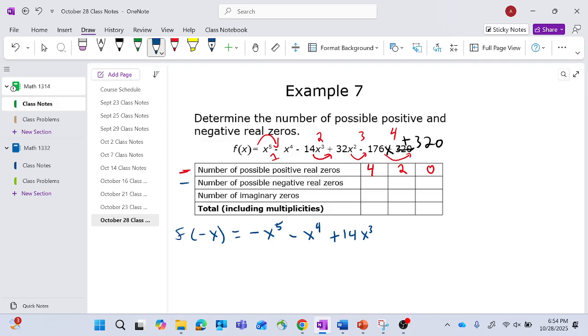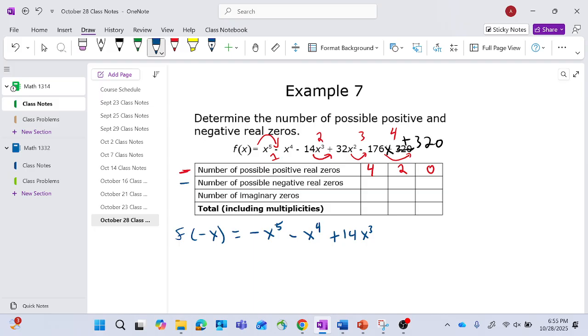The second one, for x to the 4th? Yes. Why is it negative? Well, it's because when you plug it in, you have negative x to the 4th power. Any number raised to an even power is always positive.